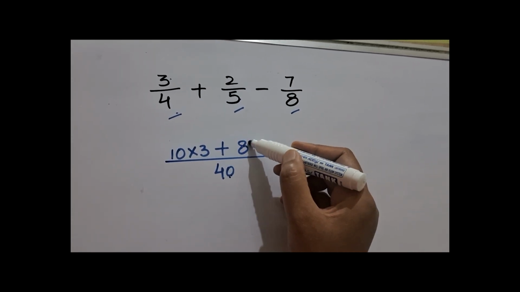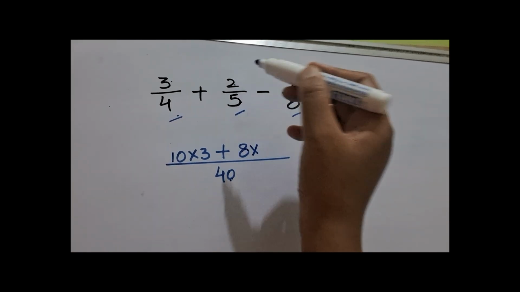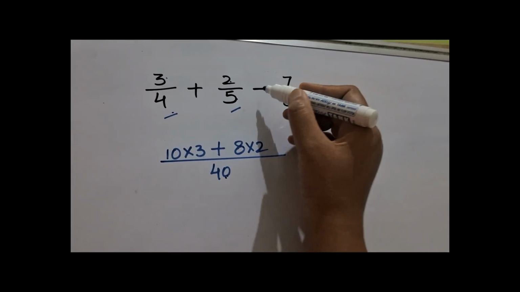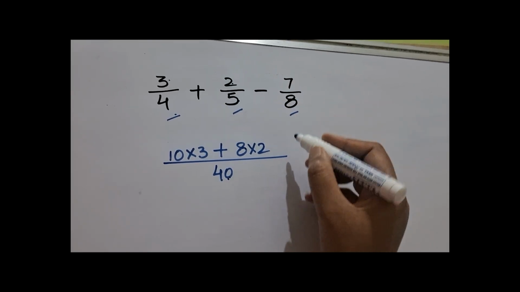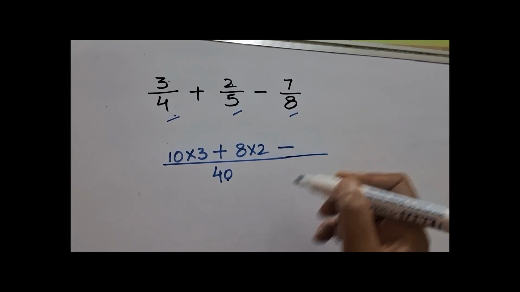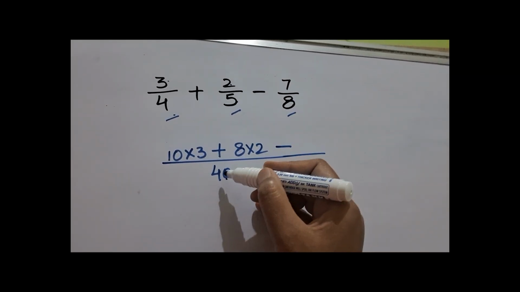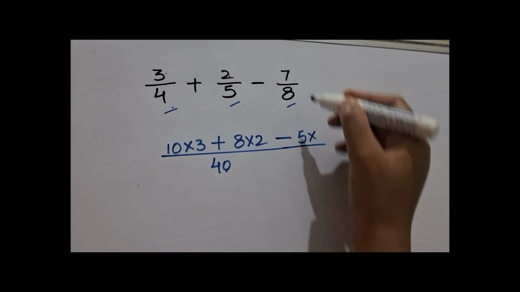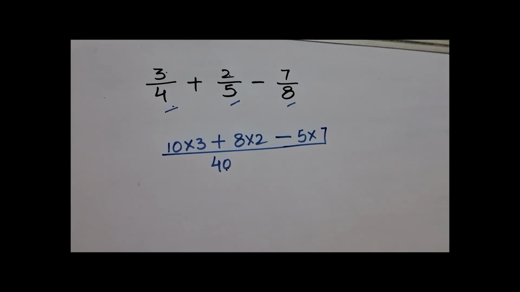Now this 8 multiplied with this numerator 2. Next, what sign is there, children, here? Minus. So put minus here. And 8 5s are 40, so write 5 multiplied with numerator 7.